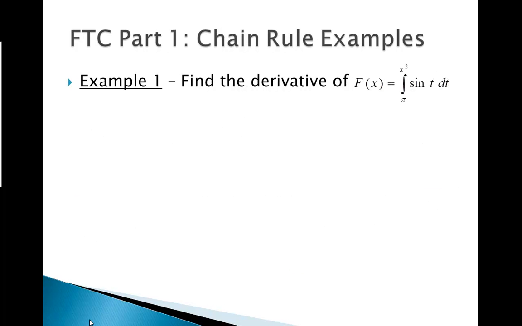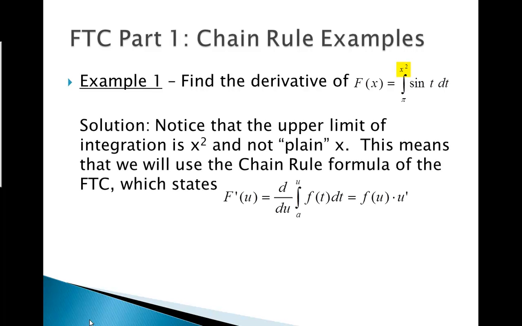Now we'll look at some chain rule examples. This time we're asked to find the derivative of the function that's defined to be the integral from pi to x squared of sine of t with respect to t. Notice this time my upper limit is x squared and not plain x. This means that we'll have to use the chain rule version of the FTC.